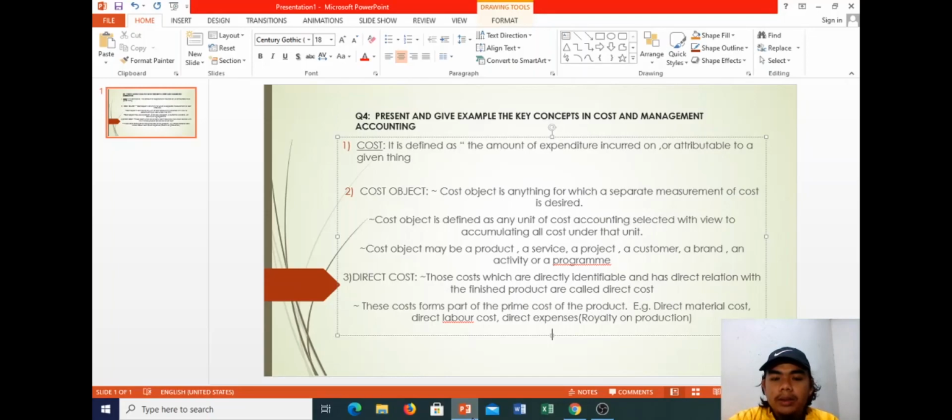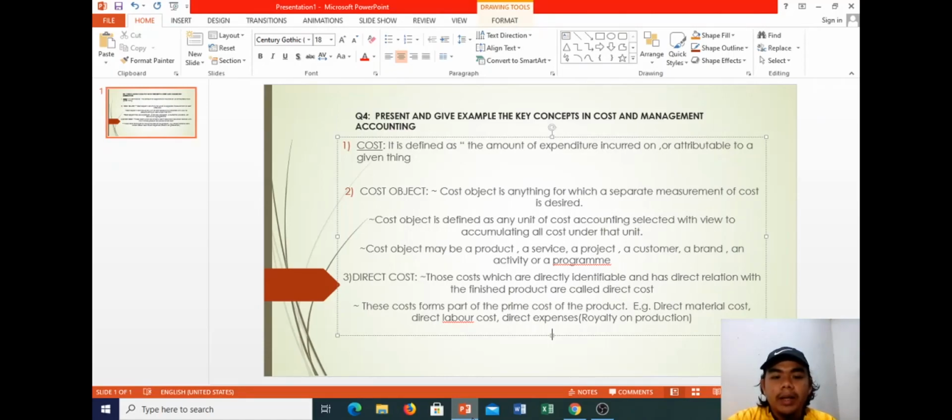Cost object is defined as any unit of cost accounting selected with a view to accumulating all costs under that unit. A cost object may be a product, a service, a project, a customer, a brand, an activity, or a program.